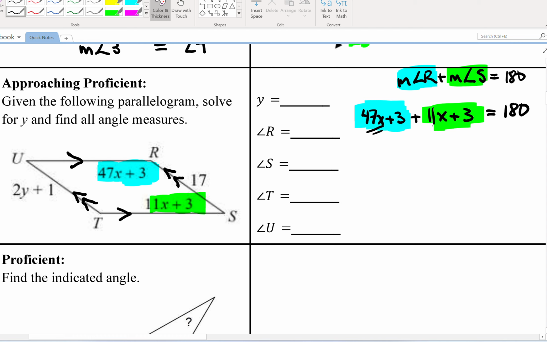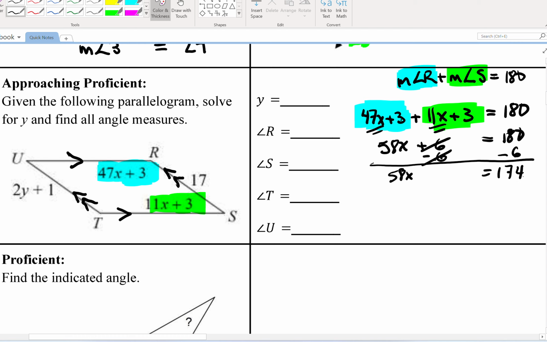My x's are like terms, so I can combine those. That'd be 58x, and the constants 3 and 3 are like terms, so that's plus 6 equals 180. Then I can subtract 6, and that would cancel. 58x then is equal to 180 minus 6, which is 174.